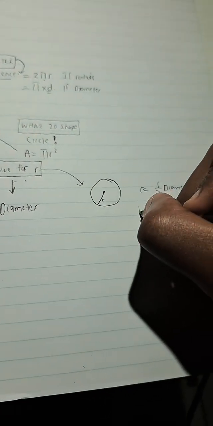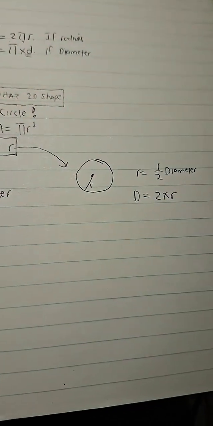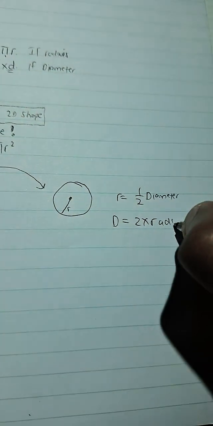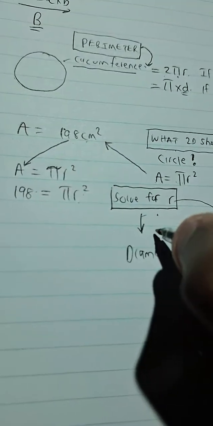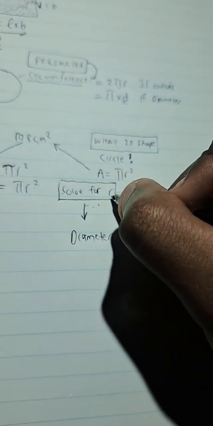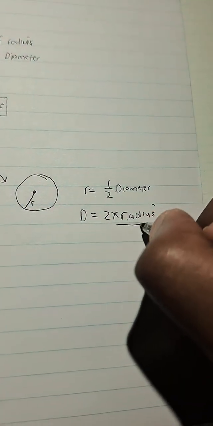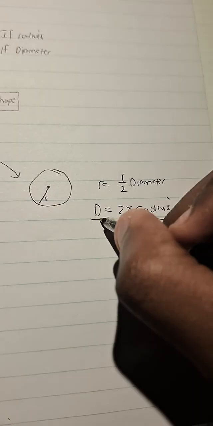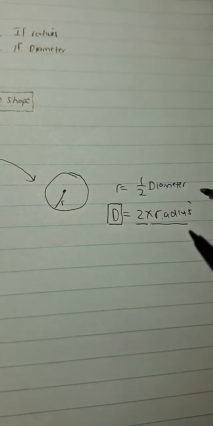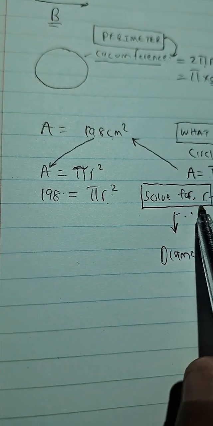Or we can say the diameter is 2 times the radius. So if we can find the radius r, then we can multiply that radius by 2 so that we get the diameter.